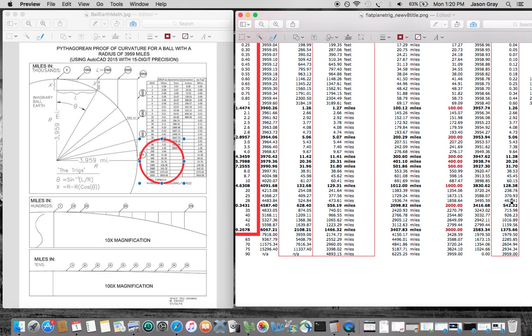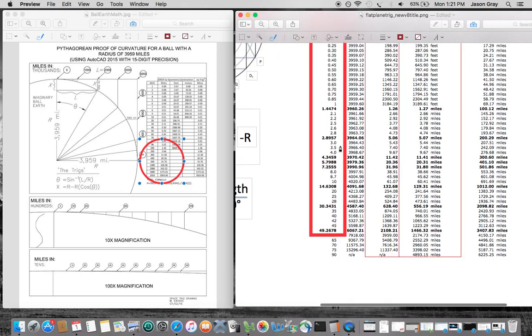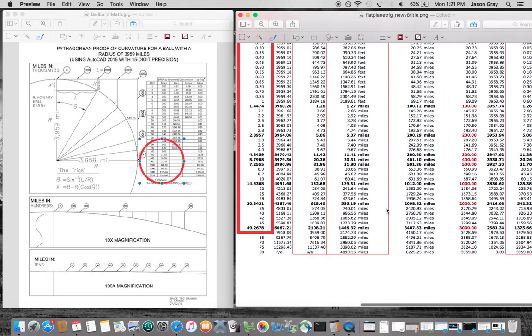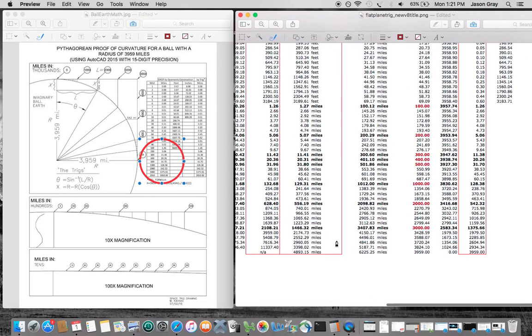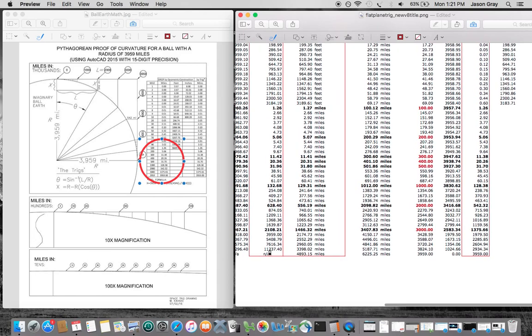By the time you get to 2,000 miles, that's 542 versus 556. And then at around 49 degrees, it's 1466 to 1375, and then it really gets extreme as you get to the higher numbers.